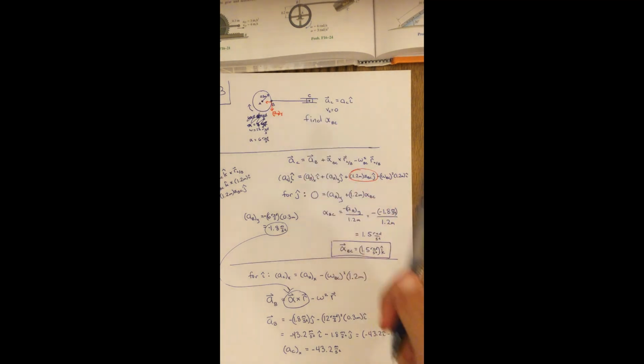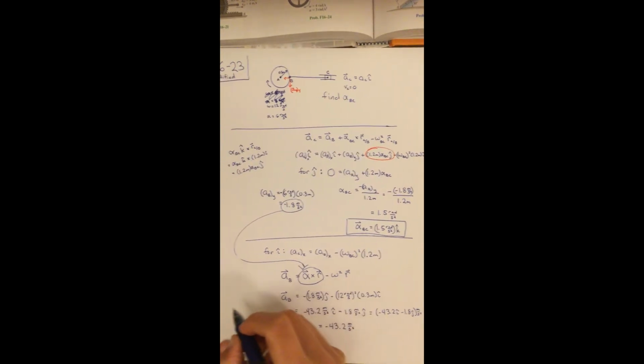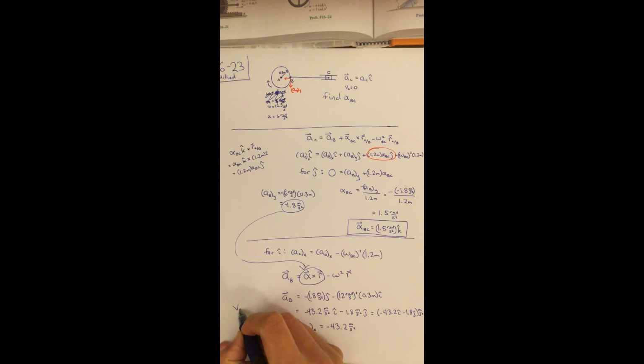If this point is the instantaneous center of zero velocity, then I can say the velocity of point C is equal to the angular velocity of link BC times the, no, I don't want to do that.